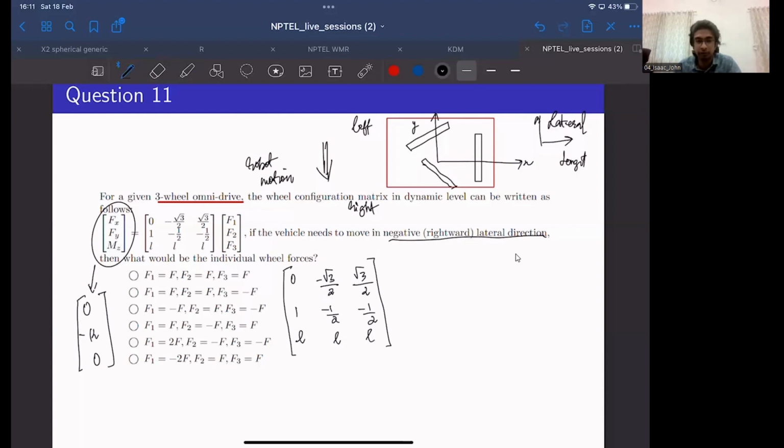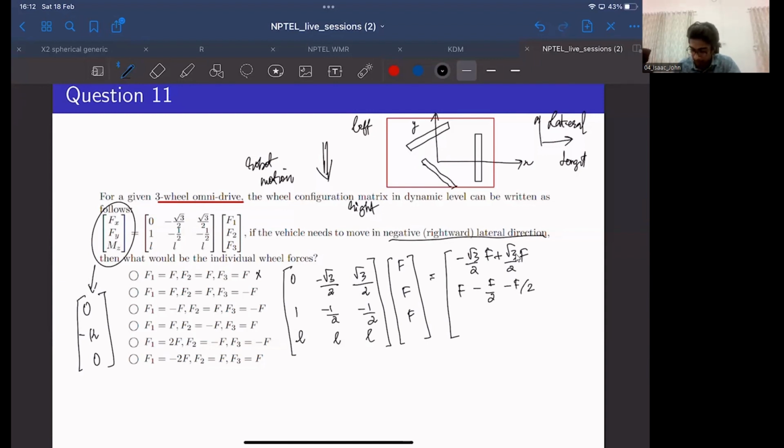So what about the first option? Option 1 says F, F, F. If we multiply this throughout, we'll have the first row to be minus root 3 by 2 F plus root 3 by 2 F. Second row would be F minus F by 2 minus F by 2.